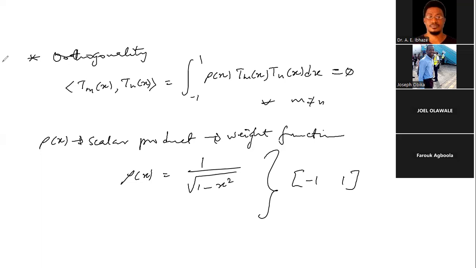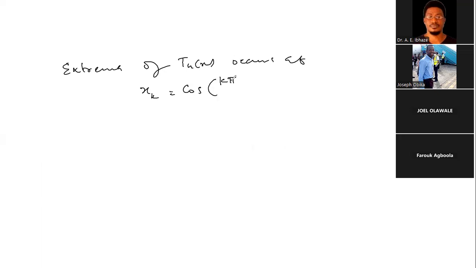So we can equally estimate the extrema and the roots. We know that the extrema of the Chebyshev polynomial occur at s of k, given as cos of k pi over n, when k takes on values from 0, 1, all the way to n.